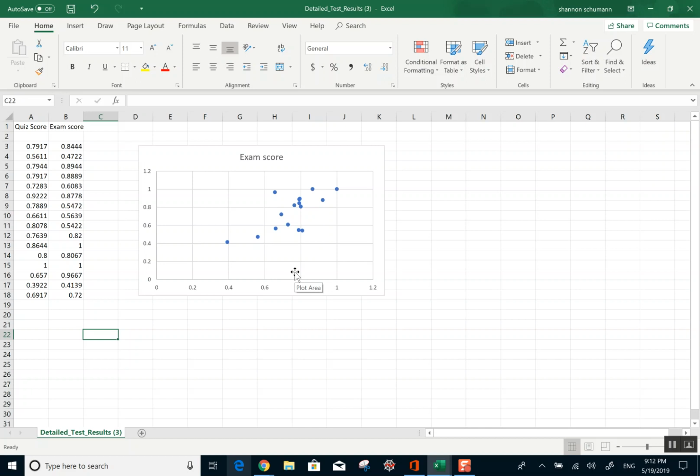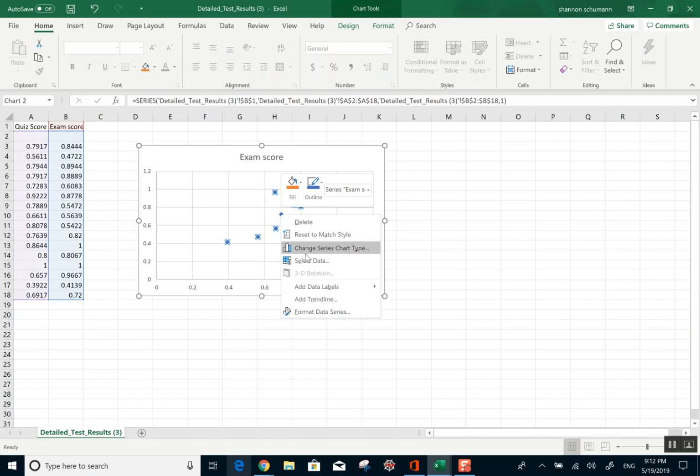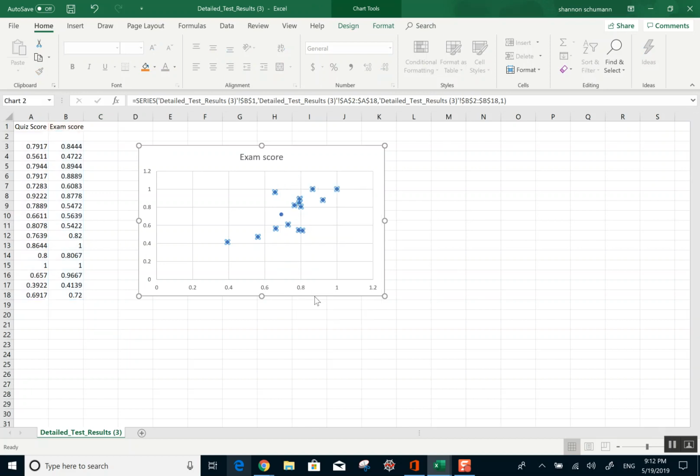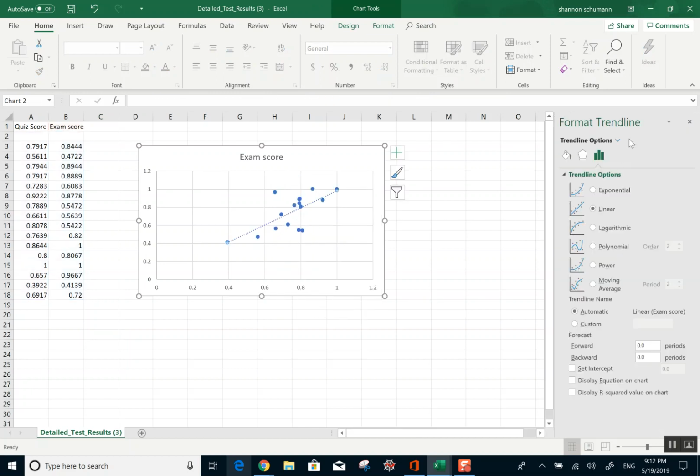Now, I could go even a little bit farther, and I could get some numbers to help me describe this. And here's how I'm going to do that. I'm going to hover my mouse over one of these points until the name of the point shows up, and then I'm going to right click. I'm going to come to Add Trendline, and when I add the trendline, this box shows up on the right hand side.